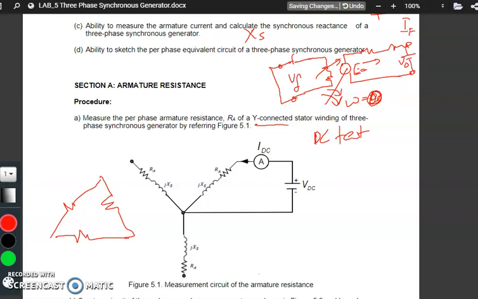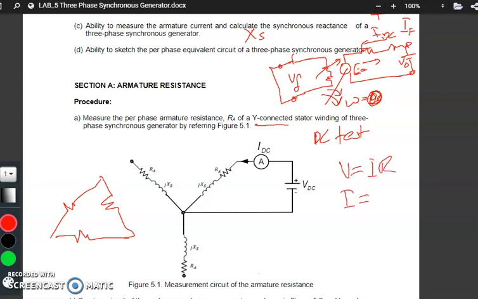What we are going to do is measure the incoming IDC, which passes through our XS and our RA. So we shall follow Ohm's law, V equals IR.